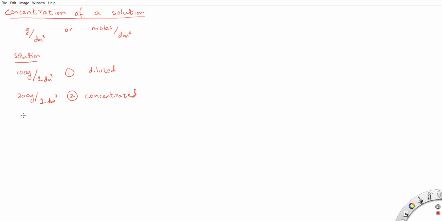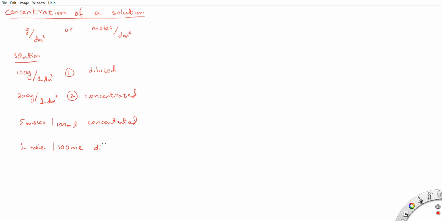Take for instance some other example. I'm having a solution that comprises 5 moles of sodium chloride per 100 ml of water. On the other side, I'm having, let's say, 1 mole of sodium chloride in 100 ml of water. So I can easily infer this is far more concentrated as compared to this.